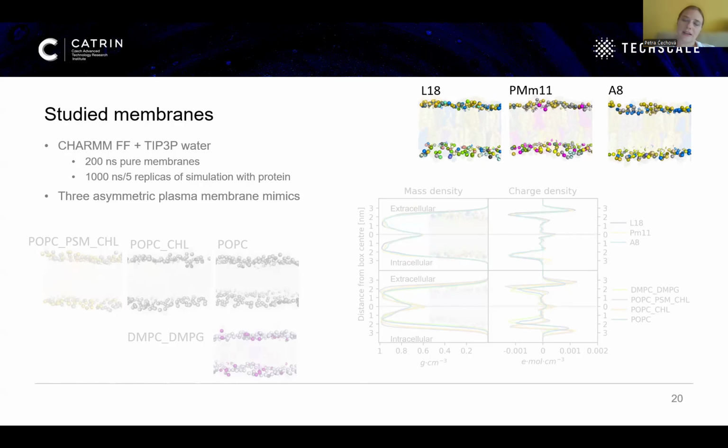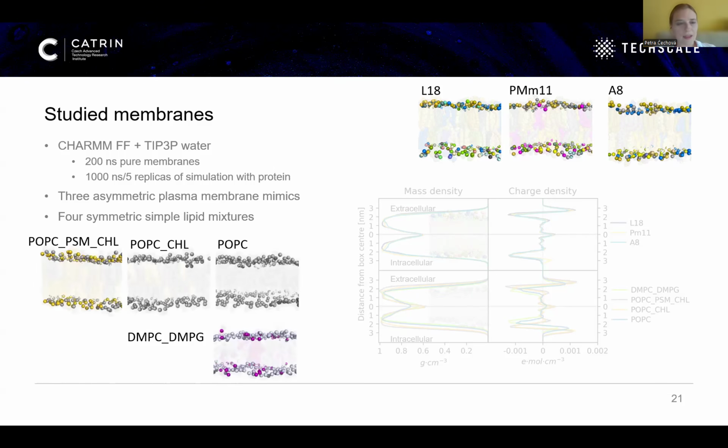They are asymmetric, and they have been mentioned previously in different studies, and they are trying to mimic the plasma membrane. Then we have three simple membranes: POPC, POPC and cholesterol, and POPC, cholesterol, and sphingomyelin. They approach the problem from the other side, trying to figure out how simple we can get.